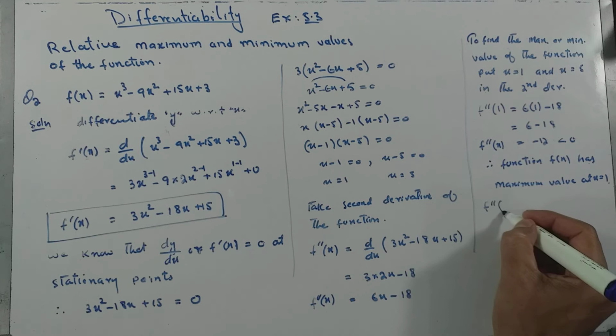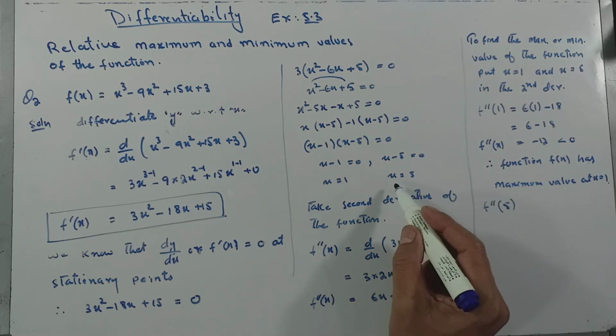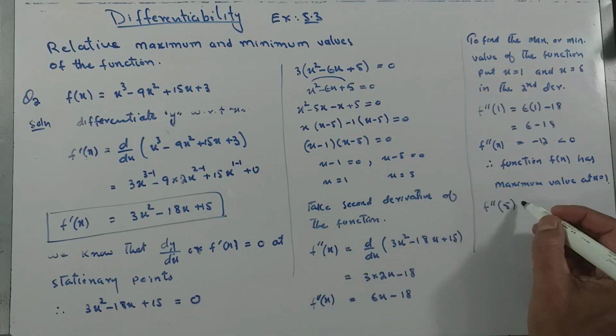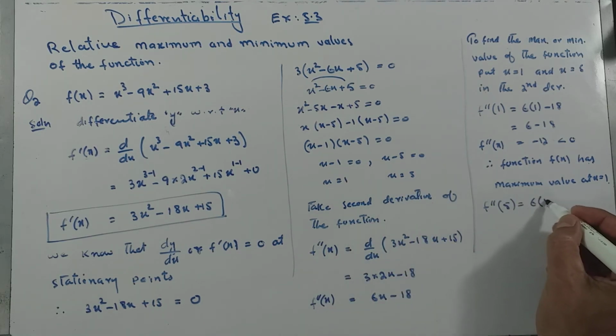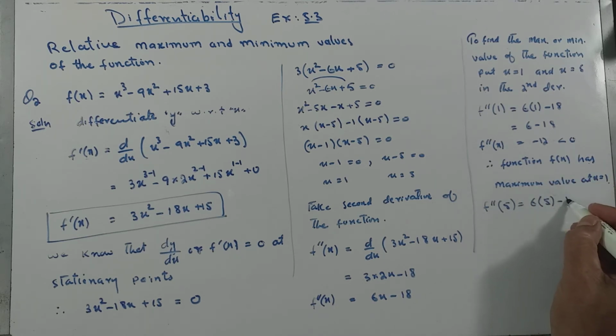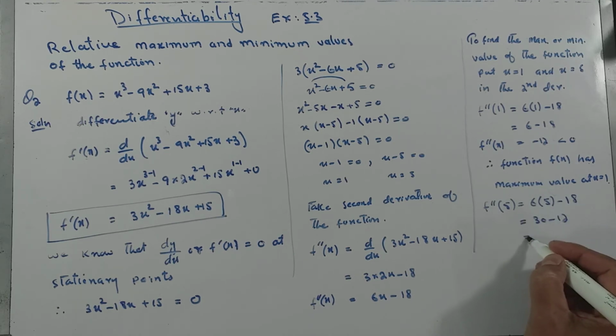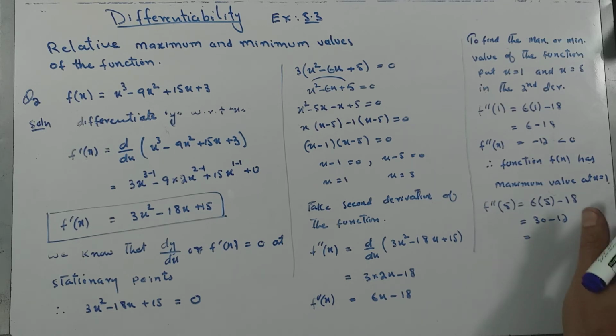Now f second derivative of 5. Now we are testing x is equal to 5. So 6 into 5, only 5, sorry, minus 18. 6 fives are 30, minus 18 is equal to 12, which is greater than 0.